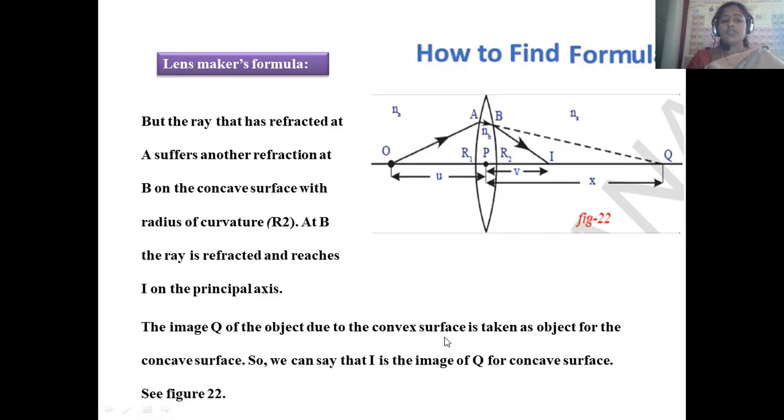The image Q of the object due to the convex surface is the object for the concave surface. So if we consider this convex surface, the image formation takes place at the point Q.